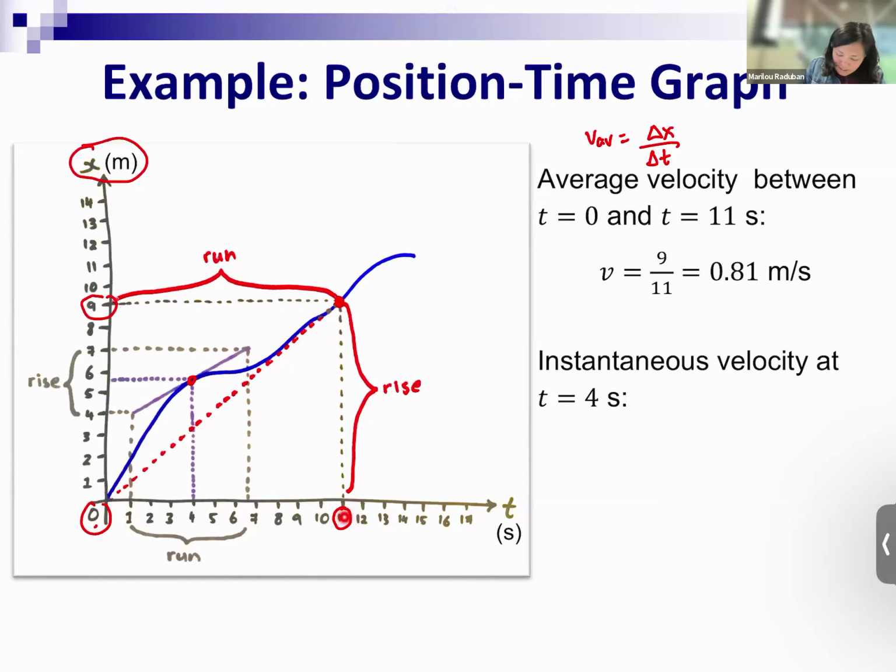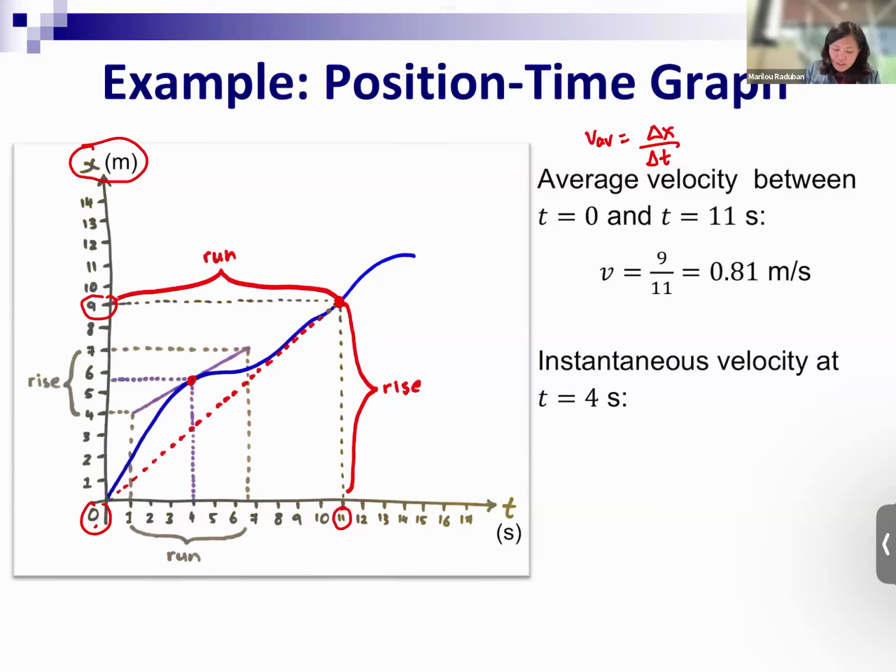So at 11 seconds, the object's position is at 9 meters. At 0 seconds, the object's position is at 0 meters. And therefore, the displacement over the time interval 0 to 11 seconds is 9. The time interval is, of course, 11 because you're looking at the time between 0 to 11 seconds. That gives you an average velocity of 0.81 meters per second.